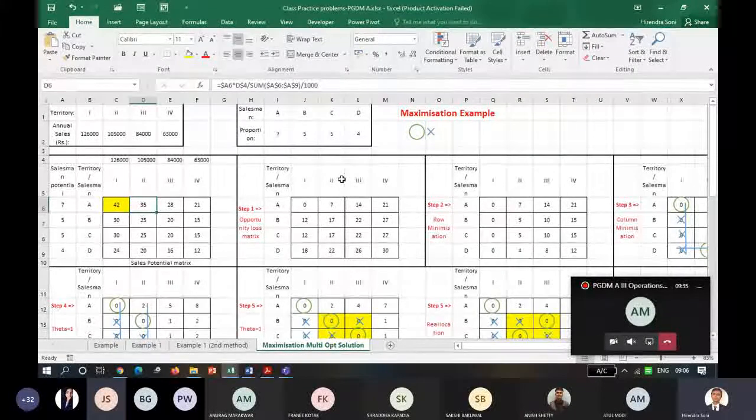Okay. Now, there are multiple methods of converting it into an opportunity loss matrix. Some people even multiply the entire matrix by -1.